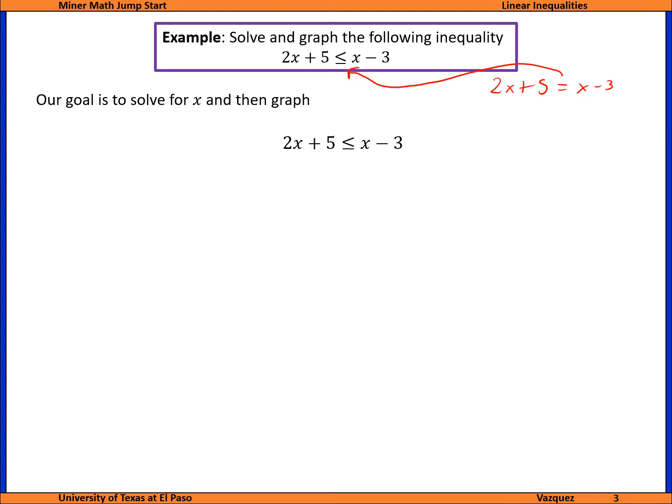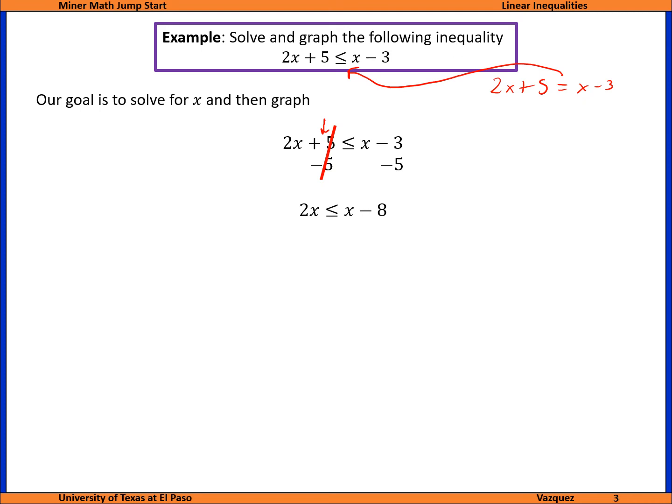So we have our inequality. Like I said, solve for x. So let's go ahead and get rid of this positive 5 here. So what we're going to do, just like with equations, is subtract 5 from both sides. That'll make those cancel out. So we have 2x is less than x minus 8.